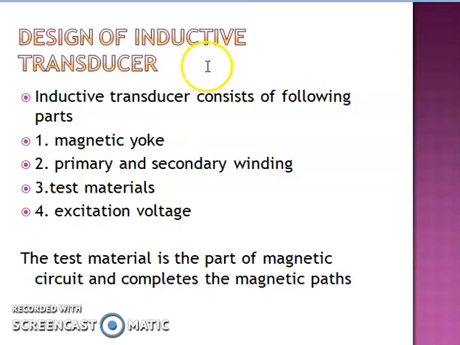Now coming to the design of the inductive transducer. It consists of mainly the following parts. The first one is the magnetic yoke, or the frame of the inductance transducer. The second one is the primary and secondary winding. We provide our excitation voltage at the primary winding and the output is taken across the secondary winding. The third one is the test material, that is, the material whose thickness is to be measured.